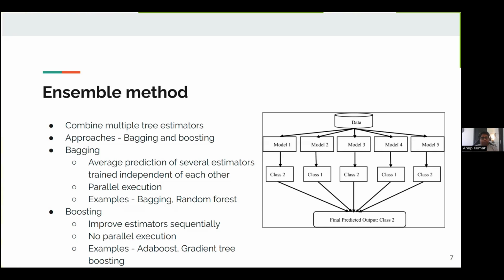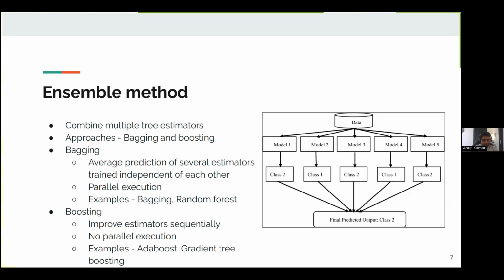There's another type of ensemble method: boosting. Boosting is a sequential approach in which many weak learners are learned, and each weak learner, which is a tree estimator, gets improved in a sequence, producing more improved estimators sequentially.